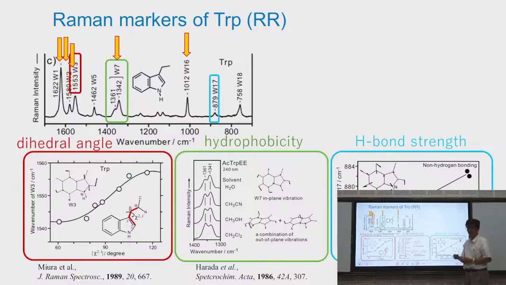So there are many studies to correlate intensity or peak position of the Raman spectrum with the environment change or structure change or hydrogen bonding change. So by establishing this kind of marker band, we can utilize the Raman spectrum for structure analysis.